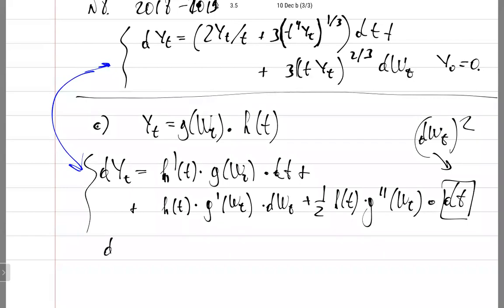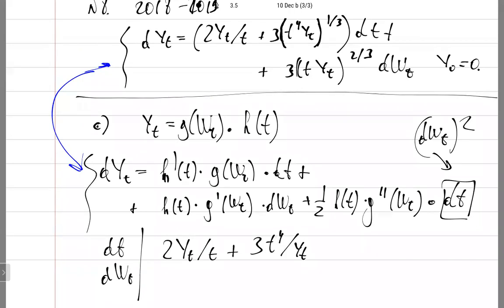What is before dt? What is before dw? H prime t. Yeah. What is multiplied before dt? So before dt, before dw. Before dt in the original text is 2yt over t plus 3 t to the power 4 over yt to the power 1 over 3.